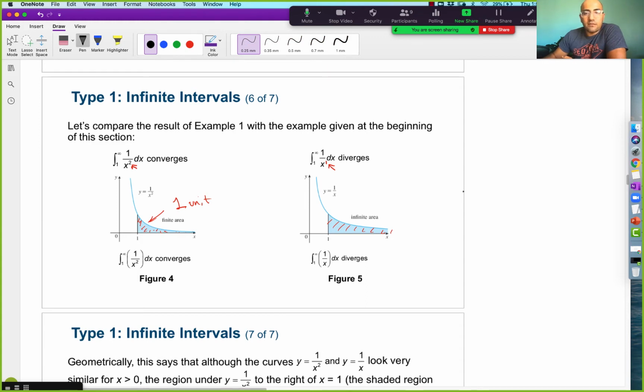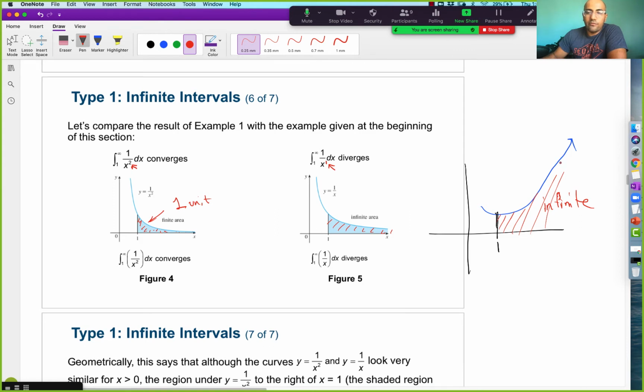Because if the function didn't go down to the x-axis, that would be an even easier question. If I told you, here is this function and it's doing this forever, find the area from 1 to infinity underneath that, well, that one's easy. I don't have to do anything. I know that this whole area is going to be infinite. If the roof here is just going off to infinity, then the whole area is going to be infinite.